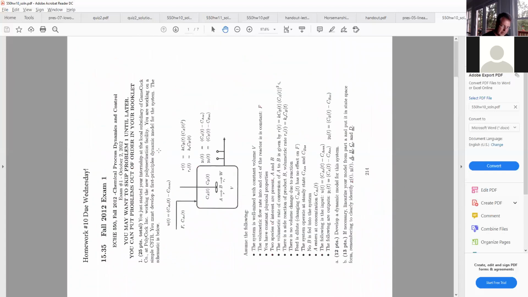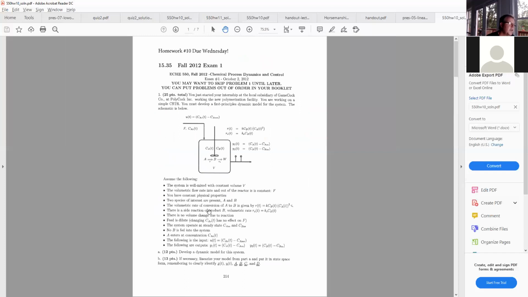So let me go back. This is a little tricky, but not too tricky if you think about it. You've got A going in, you've got A and B in this reactor, two different reaction rates.